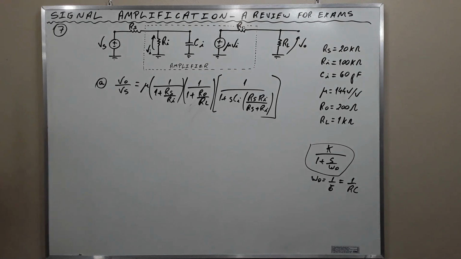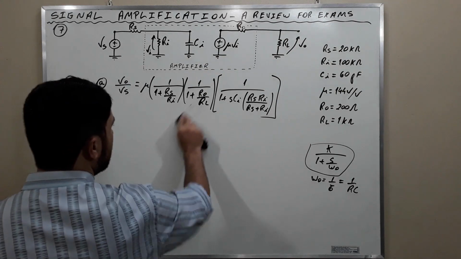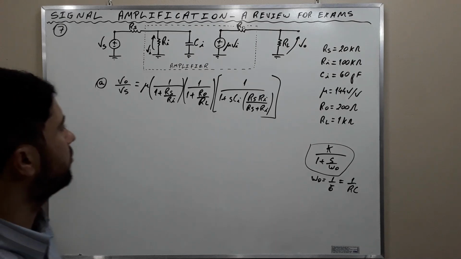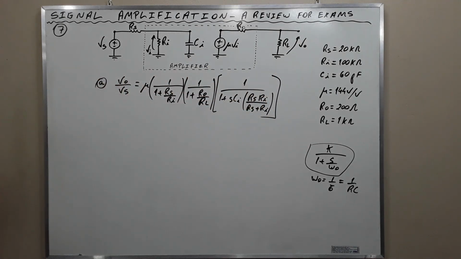Okay, and this is the expression that combines what we got up until here, and it represents the gain from VO to VS.